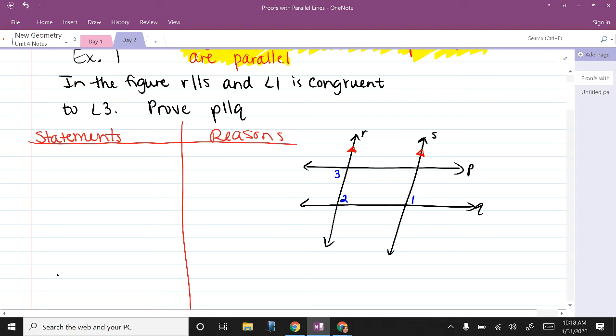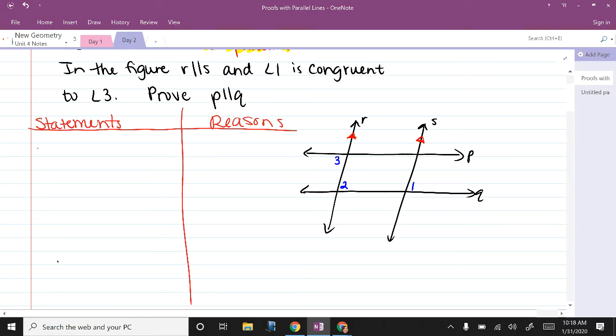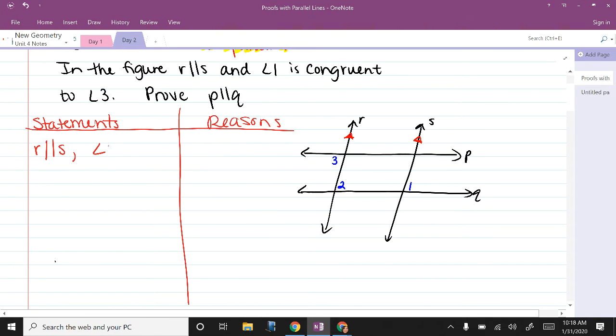All right, so what do you think is my given? R is parallel to S is part of it. I'm going to do all my givens together. R is parallel to S, and angle 1 is congruent to angle 3, and both of those are given. Y'all okay with that?